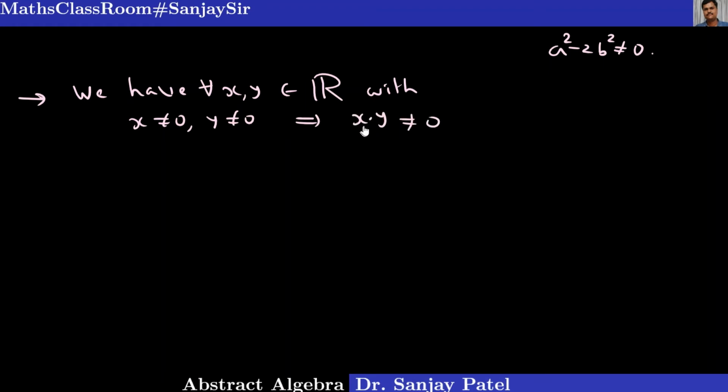This we are discussing because we want to check what the zero divisors of this ring are. So the product of two non-zero real numbers is always non-zero. That means here also it is true, and therefore the ring Q root 2 has no zero divisors.